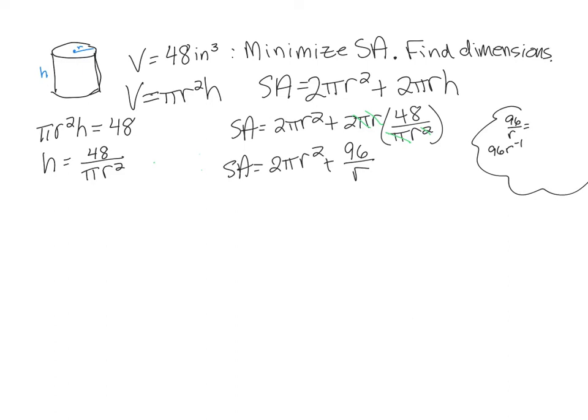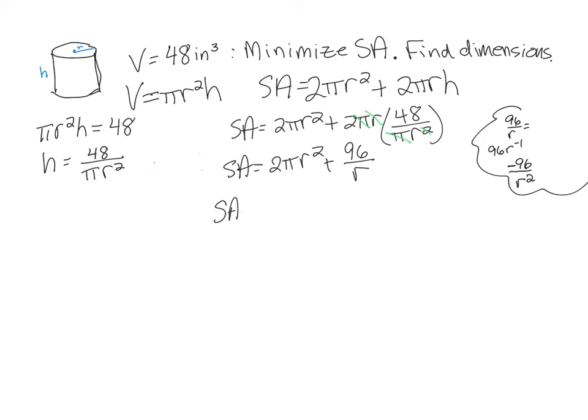So the derivative of this thing is going to be a minus and r to the minus 2. So you see when you take the derivative of a constant divided by the variable, it's just change the sign and square the bottom. All right, so that's what we're going to do when we take this derivative here.